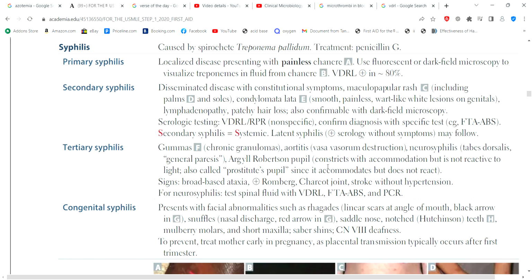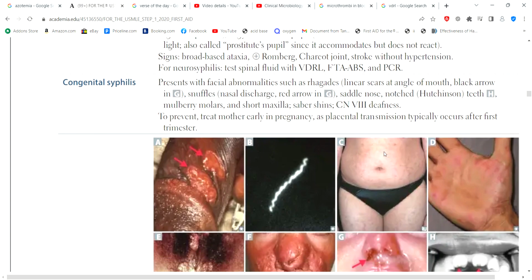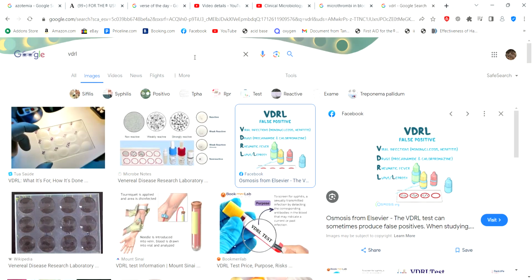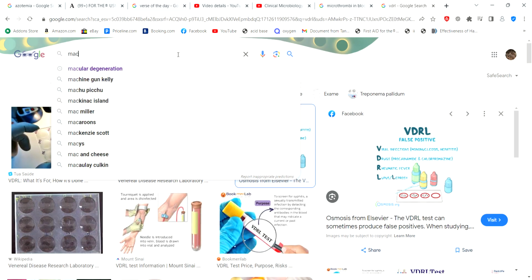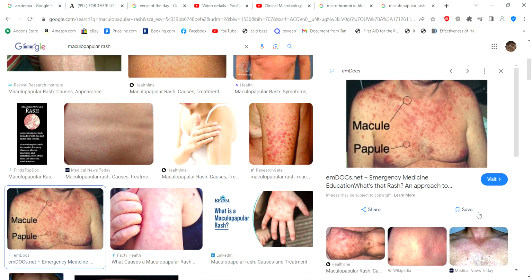Secondary syphilis is a disseminated disease with constitutional symptoms: maculopapular rash, which is C. See this maculopapular rash? Maybe that's not a good picture. I can show you here. These are macules, and this is a papule.